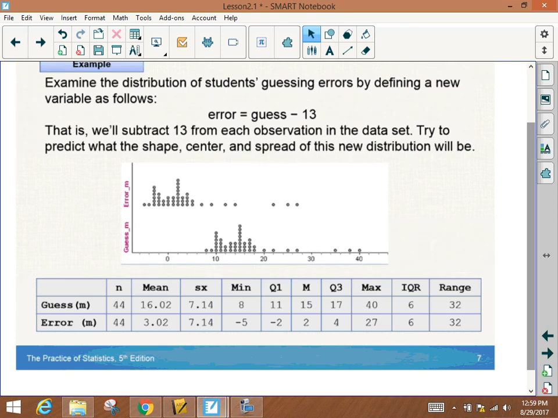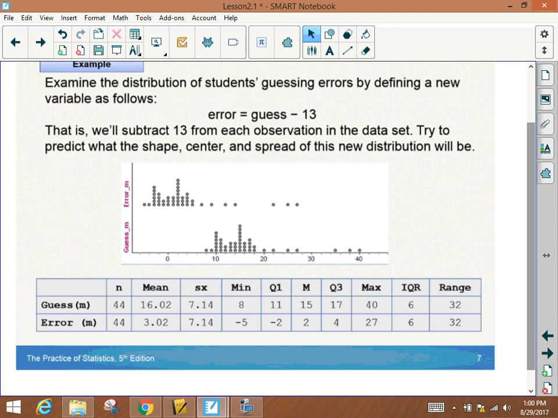All right, so let's look at this one and see what happens. We look at the dot plot on the top. It says error underscore m. What we've got is our transformed data, and then underneath is our original.